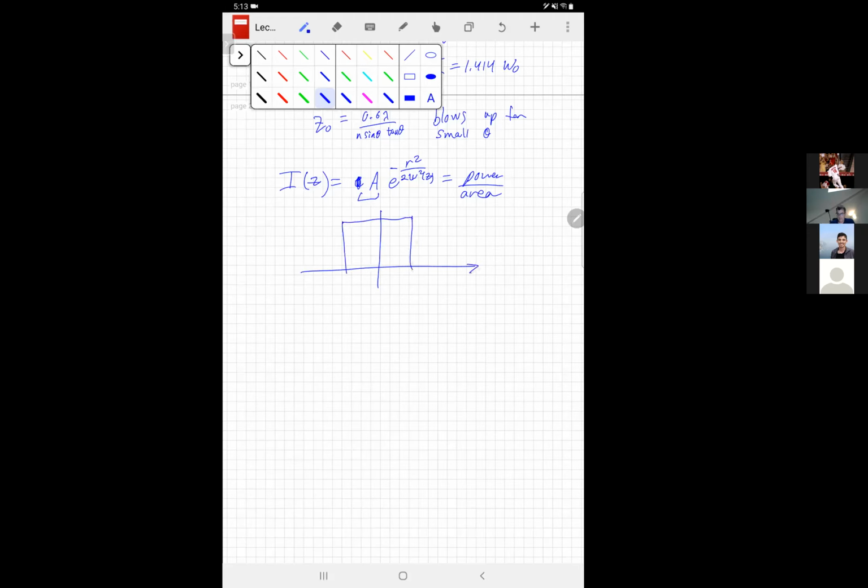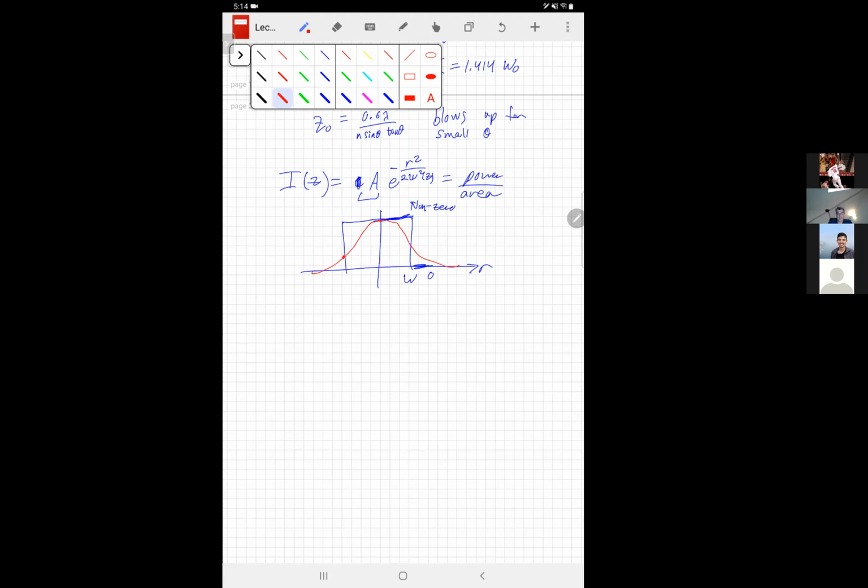It's not like here's R, distance from the center of the beam, and here's W, and over here it's one number, and out here it's 0. It's not like it goes from something non-zero to zero. What we've really got is something that spreads out like that.